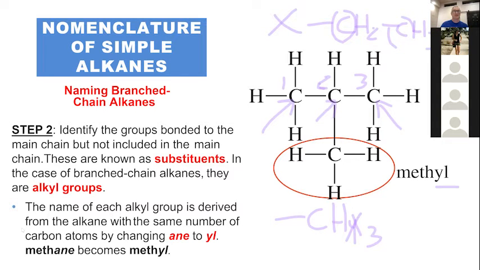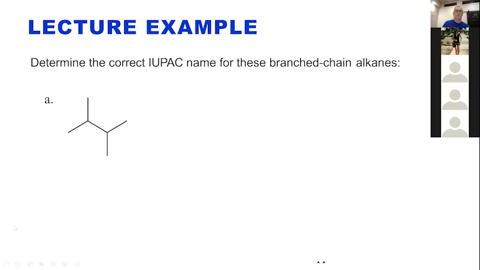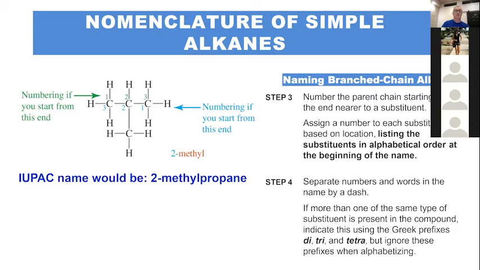So that's why it's at carbon 2. There's 2 ways to name this, and it's always going to be carbon 2, because if we name them in this direction, it's the second carbon. If we name them in this direction, it's the second carbon. So we call it 2. That's where the substitution is.